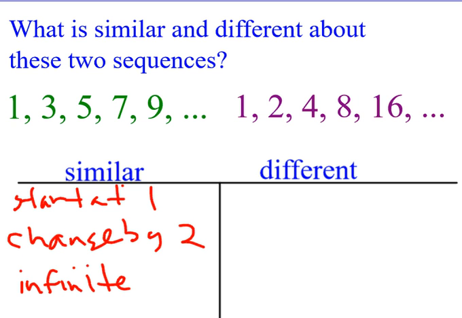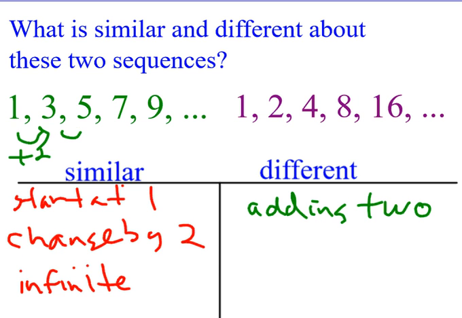So what's different? The green one, we change by adding 2 each time, right? I add 2 to get to 3, I add 2, and that makes that an arithmetic sequence.